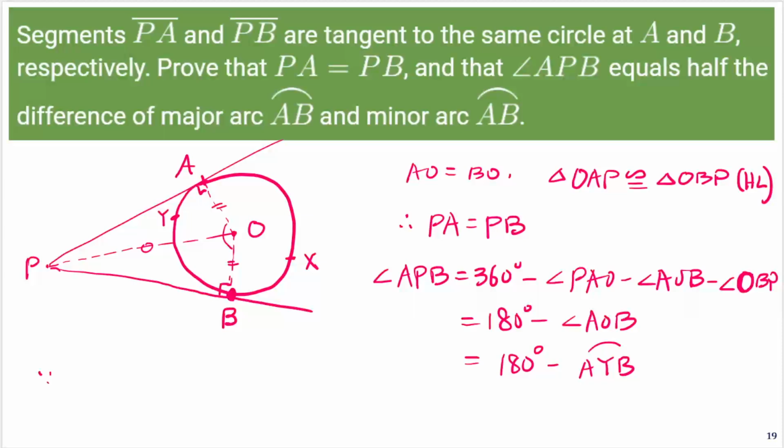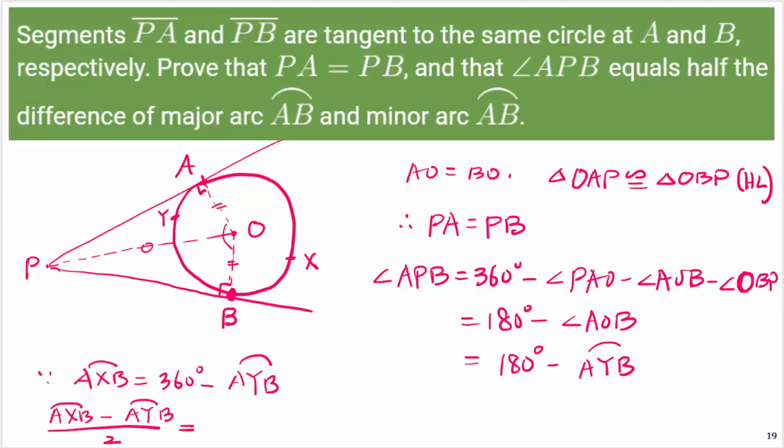Since we know that the arc AXB equals 360 degrees minus the arc AYB, we also have (arc AXB minus arc AYB) over 2 should equal (360 degrees minus 2 AYB) over 2, which gives us 180 degrees minus arc AYB, right?